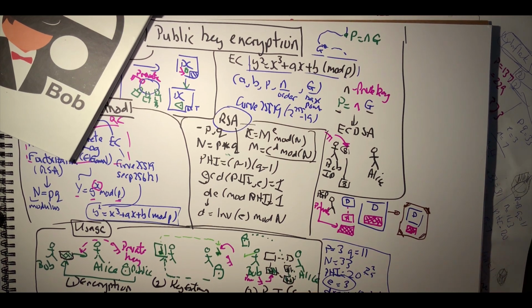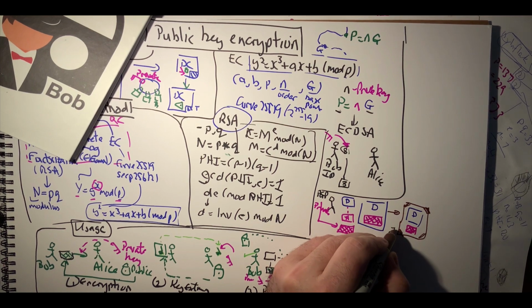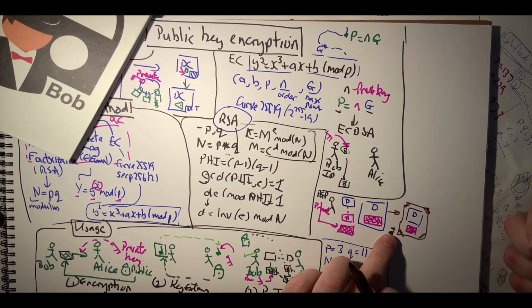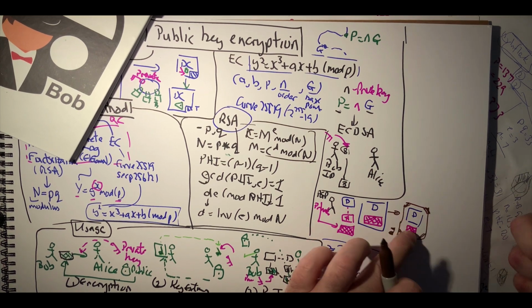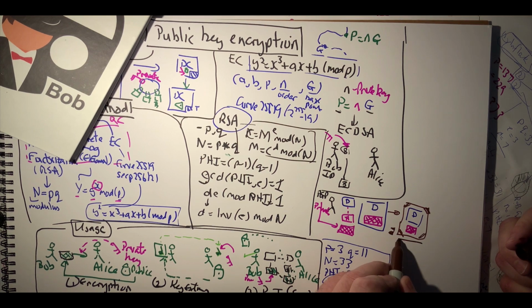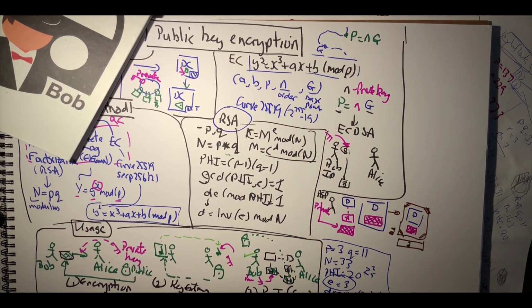Then Bob will create a new symmetric key, especially for this message, and we'll encrypt the whole thing with the symmetric key. Now Bob then takes that symmetric key and encrypts it with Alice's public key.